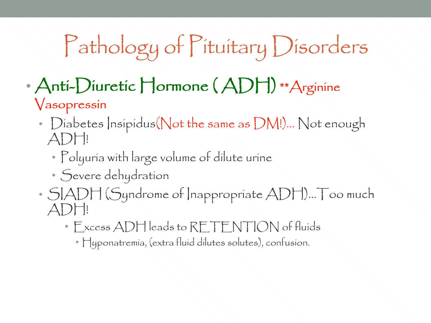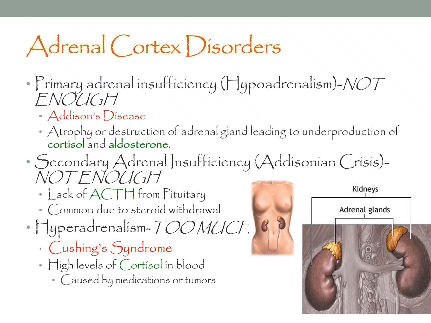anterior pituitary. So remember that the adrenal cortex creates cortisol and aldosterone. It does this in response to ACTH, or adrenocorticotropic hormone, that comes from the anterior pituitary gland. Now we're going to talk about two major disorders of the adrenal glands. We have primary and secondary adrenal insufficiency.